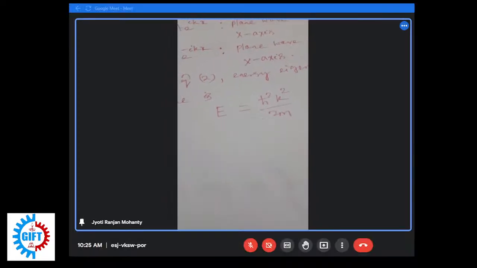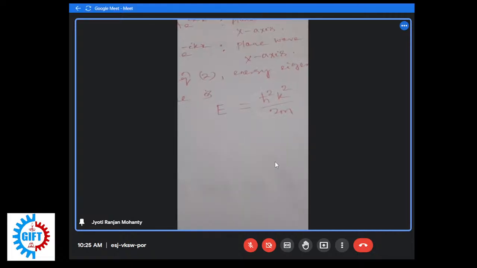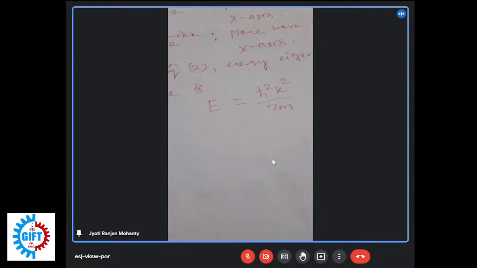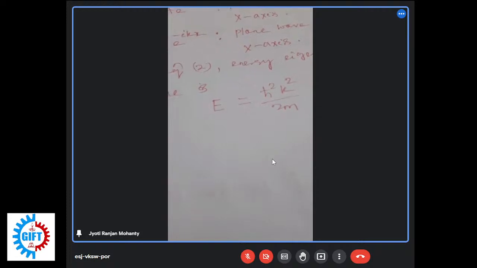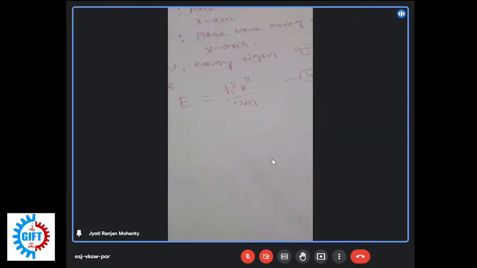So the energy spectrum of the free particle is continuous.